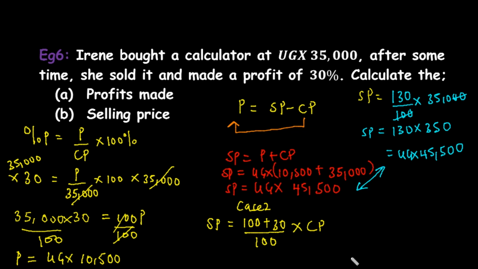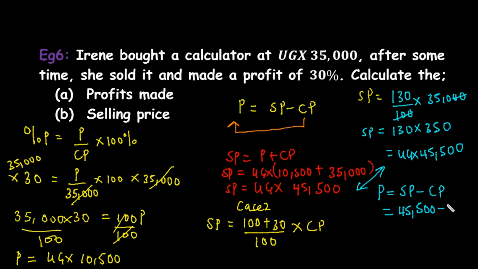Is that okay? Now we want to calculate the profits. Remember, profits equal to selling price minus cost price, and the selling price for this case is 45,500 minus what is the cost price?